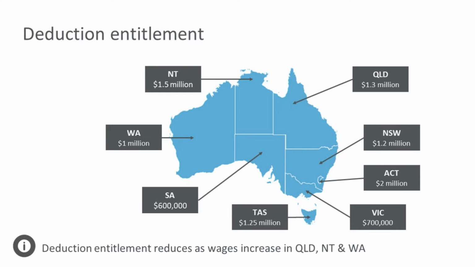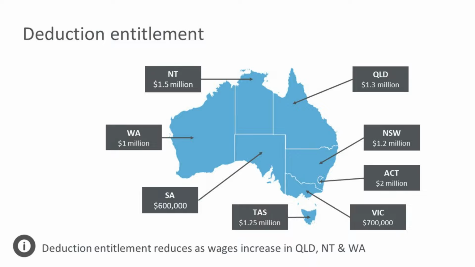Employers may also be entitled to a deduction amount, which is subtracted from the total wages before applying the applicable payroll tax rate. The maximum deduction entitlements are shown on the screen. It is also important to note that Western Australia, the Northern Territory and Queensland have a tapering deduction system where the deduction entitlement reduces as wages paid increase.